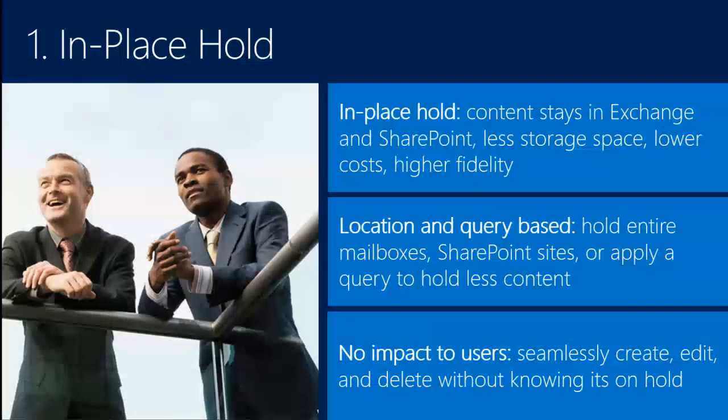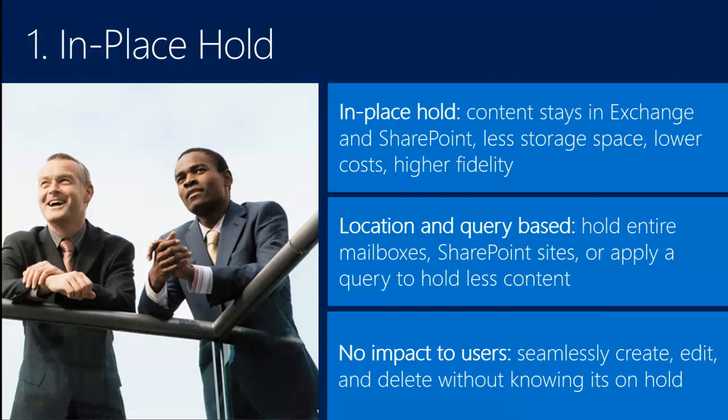If an item is placed on hold multiple times, SharePoint preserves the version that is current at the time that the hold was placed. So say, for instance, version 27 of the item is the most recent one when the site is placed on hold for the first time, and version 51 is most recent when the site is placed on hold for the second time, then only versions 27 and 51 will exist in the preservation hold library.